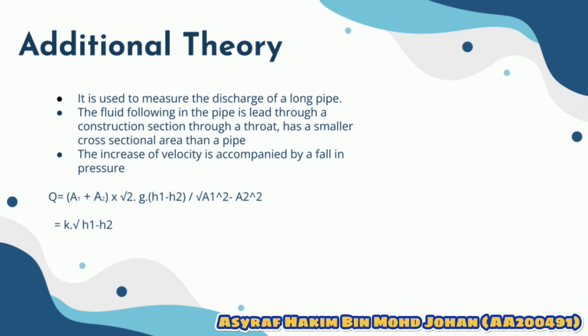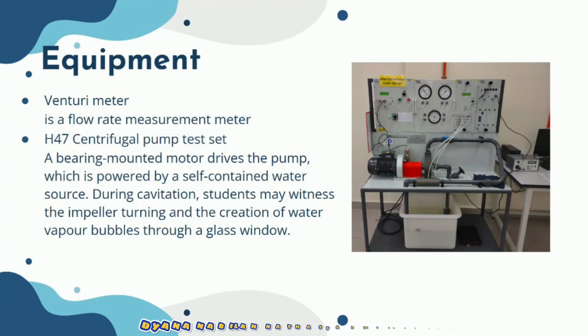The increase of velocity is accompanied by a fall in pressure, the magnitude of which depends on the rate of flow, so that by measuring the pressure drop, the discharge may be calculated from the equation Q theoretical equals A1 A2 times the square root of 2g(H1 minus H2) over the square root of A1 squared minus A2 squared. We will get K times the square root of (H1 minus H2).